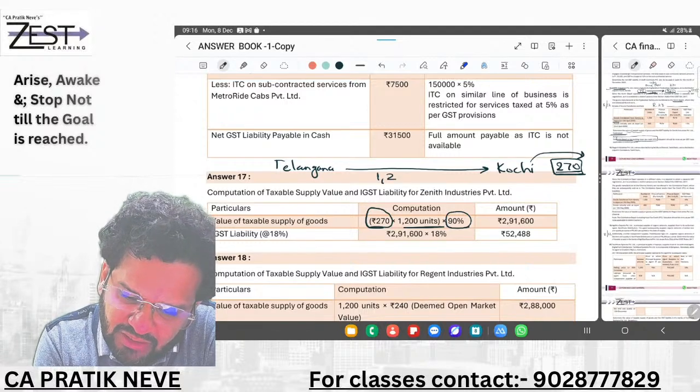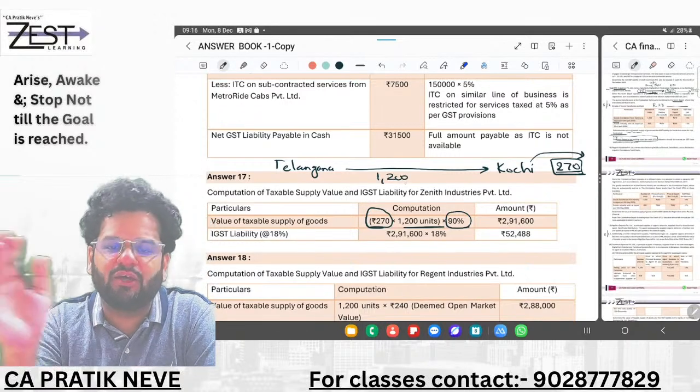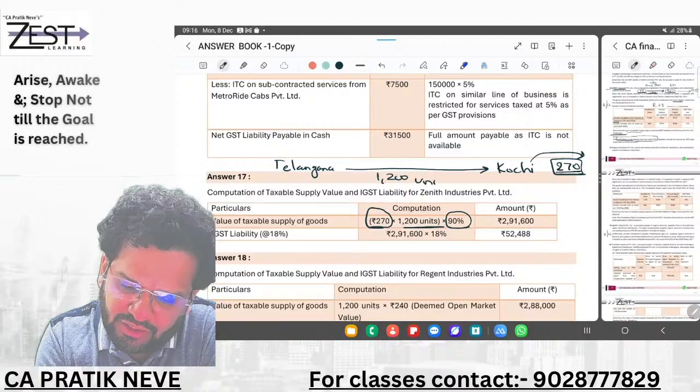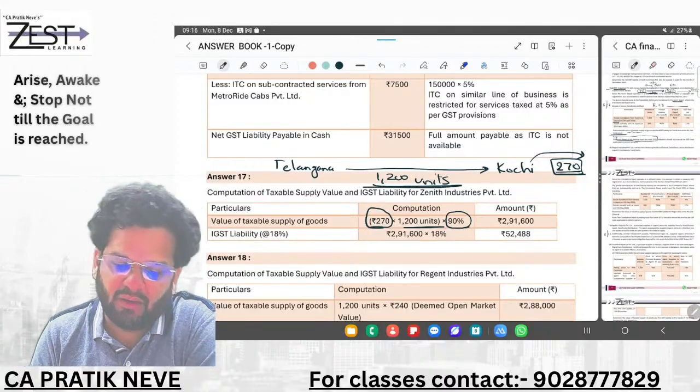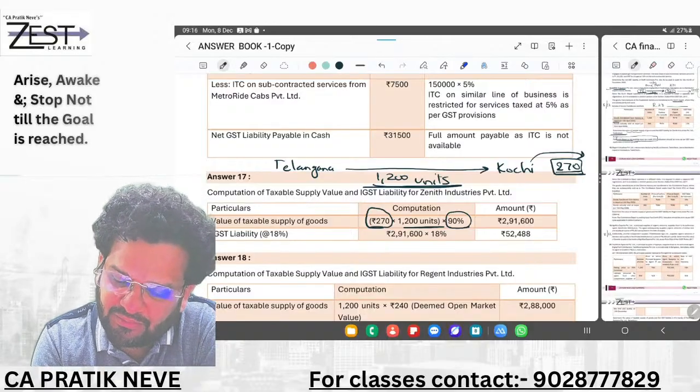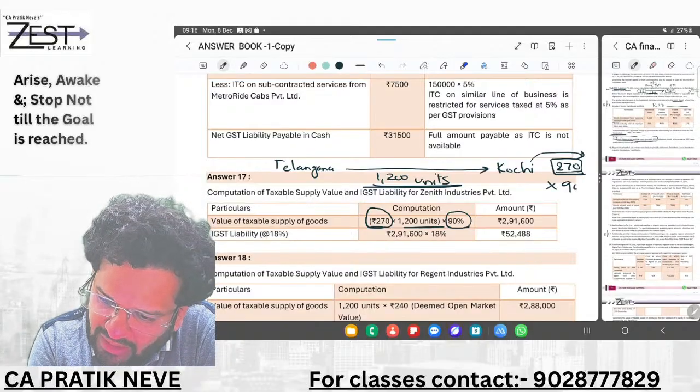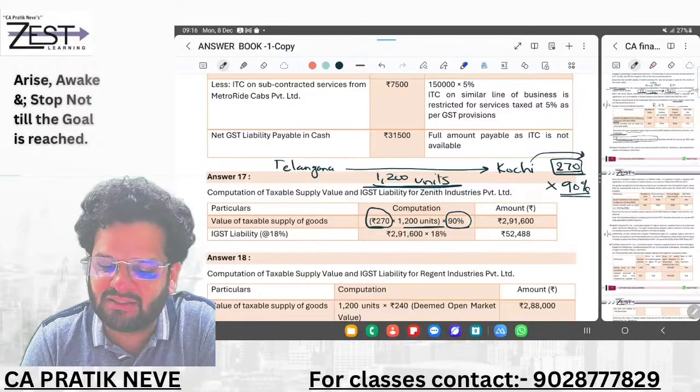How many units were given by the Telangana unit to the Kochi unit is 1200 units. So valuation had to be done for 1200 units. Now as per Rule 28, 270 into 90% will be assessable value.